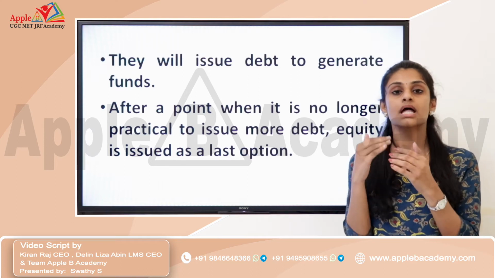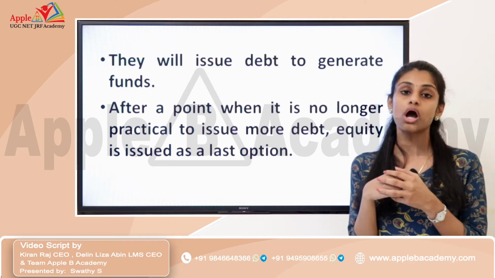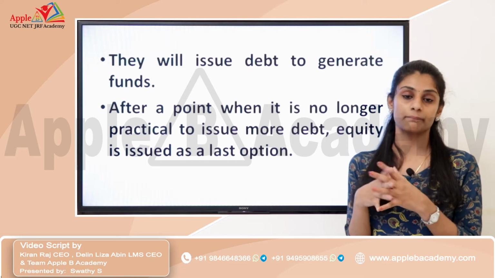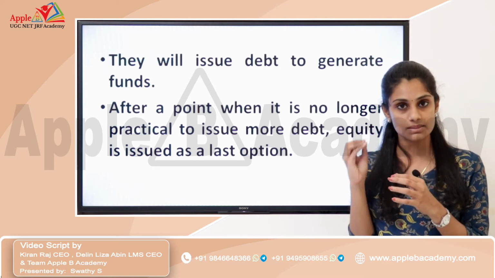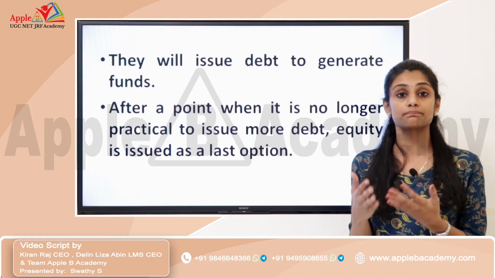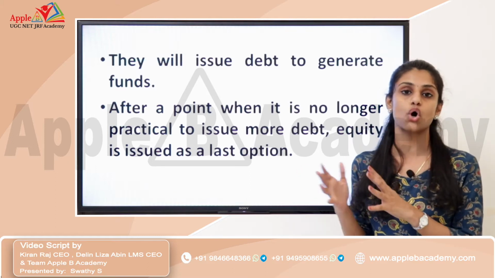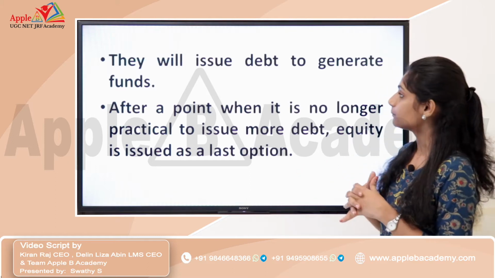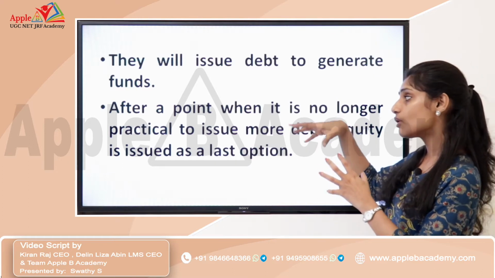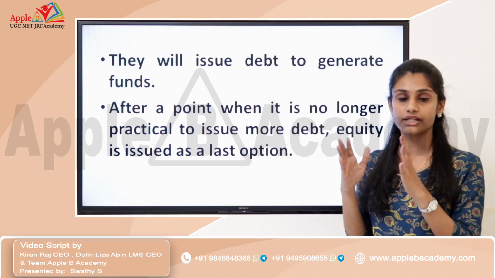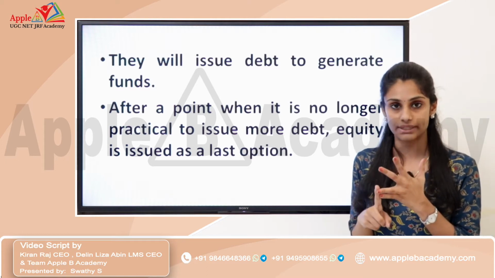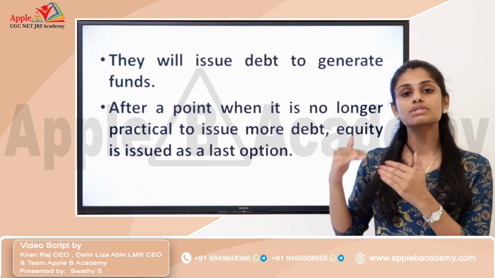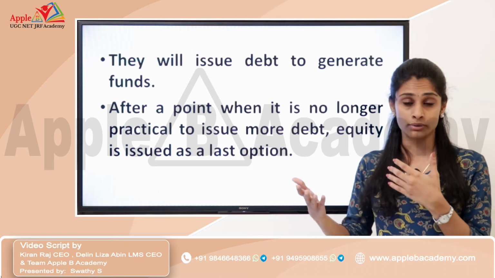Cost of debt means the interest that you need to pay to debenture holders. As we know, interest is a tax deductible item, so the cost of debt is much lower compared to the cost of equity. So first you go for internal financing, then you go for debt, but we are not able to use debt for more contribution.